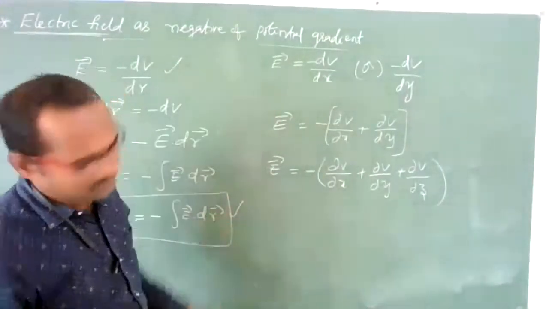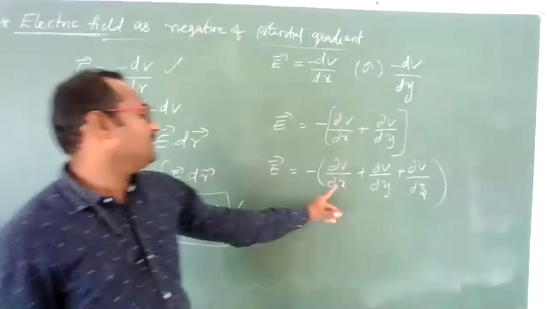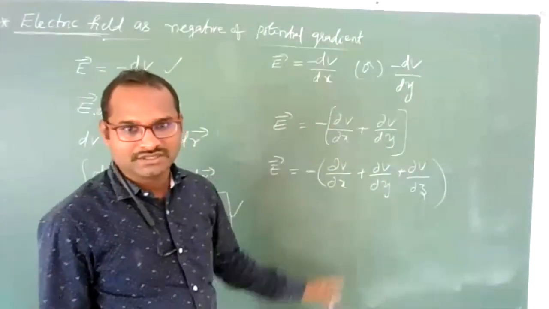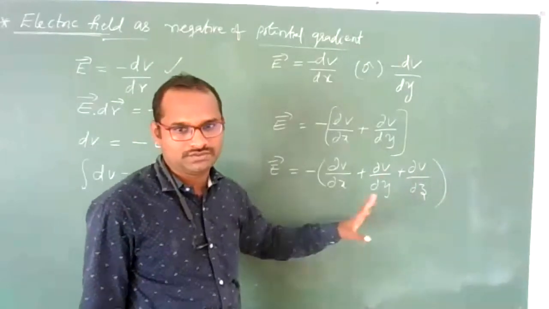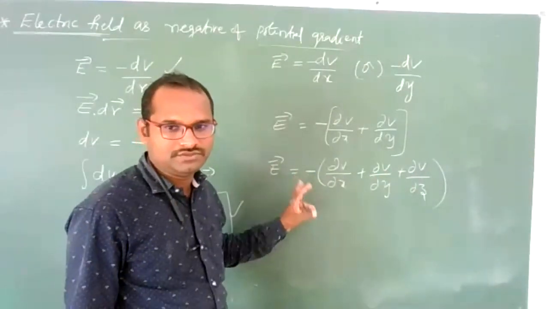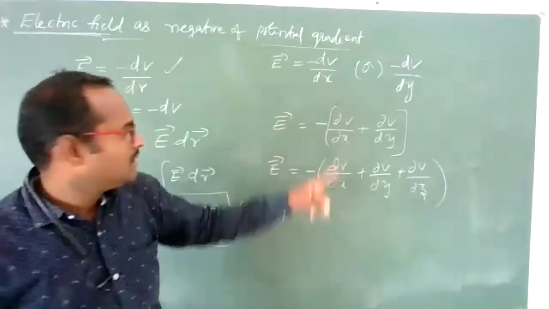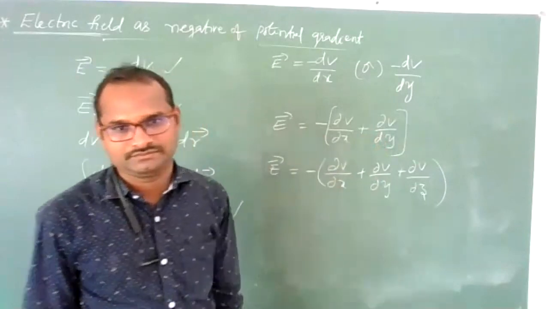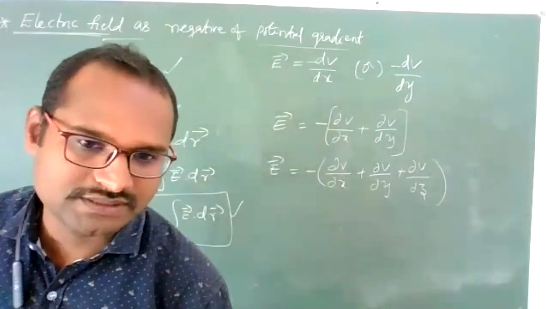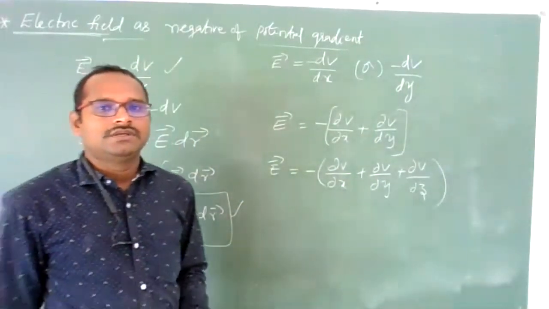If three axes x, y, z are there, then you write dou V by dou x plus dou V by dou y plus dou V by dou z. If only x and y axes are there, dou V by dou x plus dou V by dou y, with a negative sign.